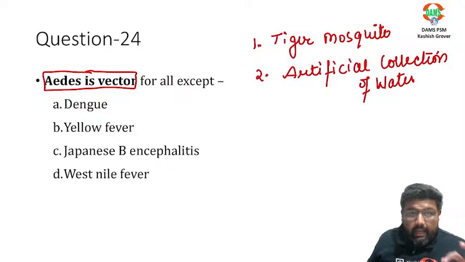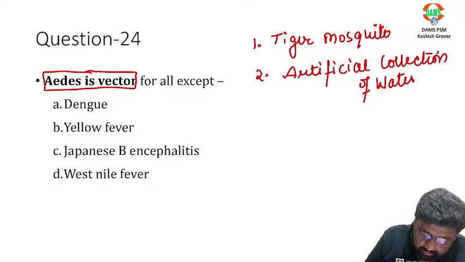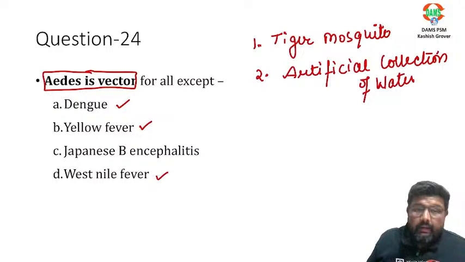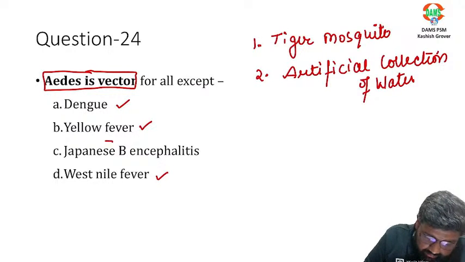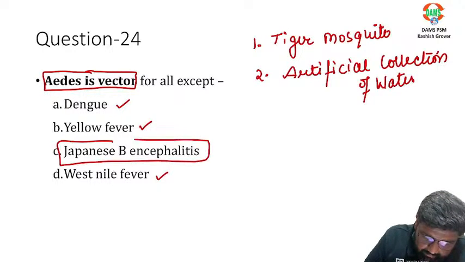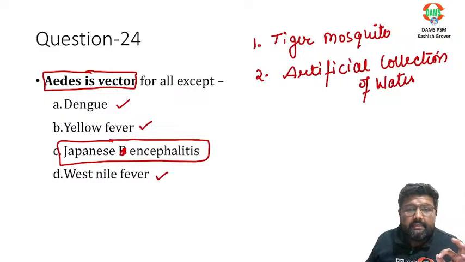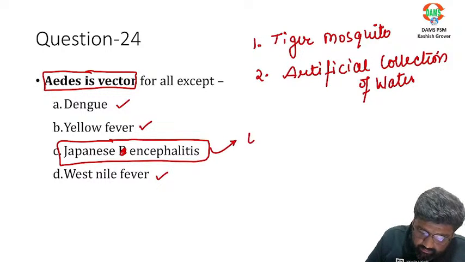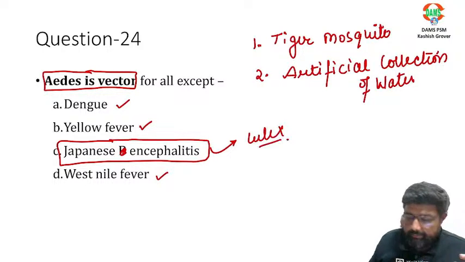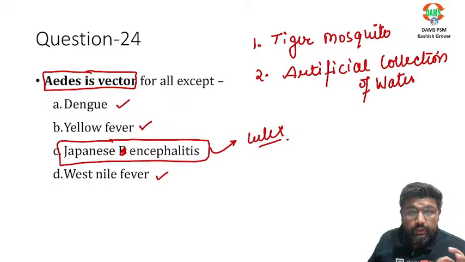Right? And diseases caused are dengue, yellow fever, but not Japanese encephalitis. This is caused by Culex mosquito.